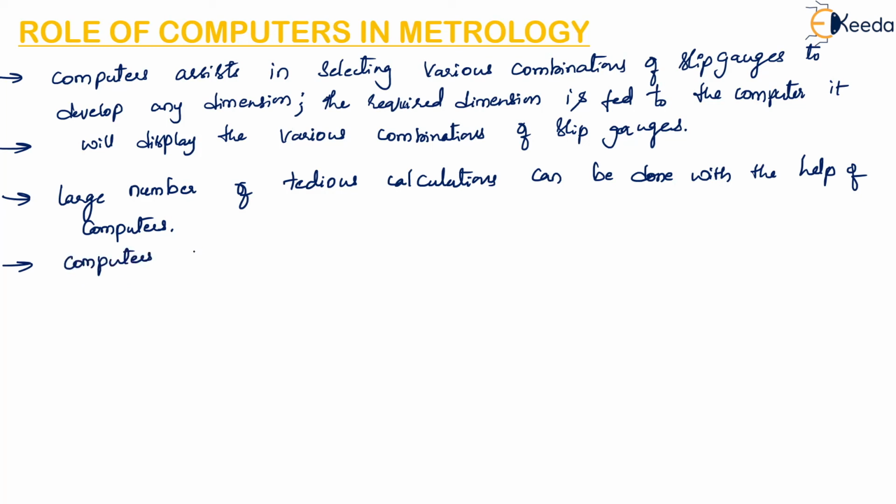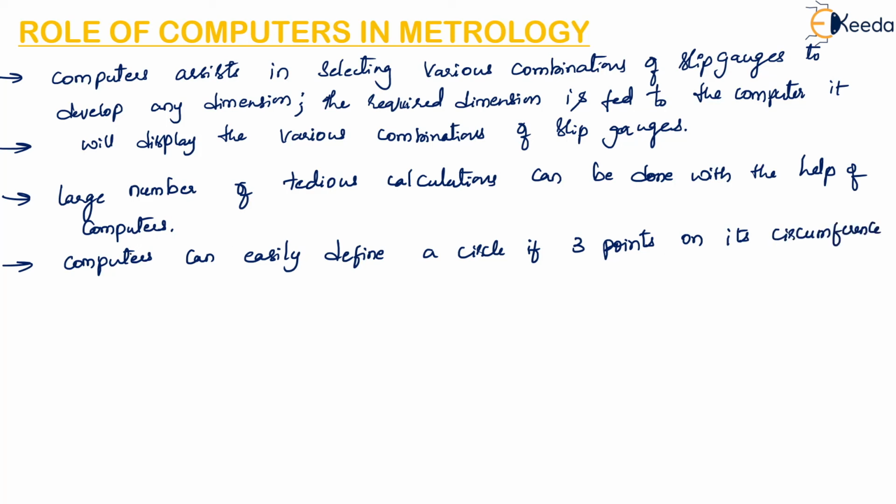Computers can easily define a circle if 3 points on its circumference are mentioned.